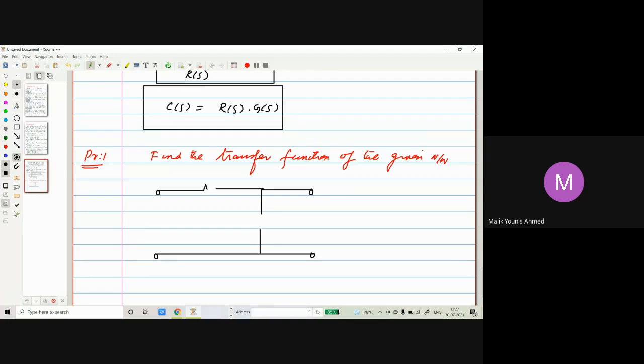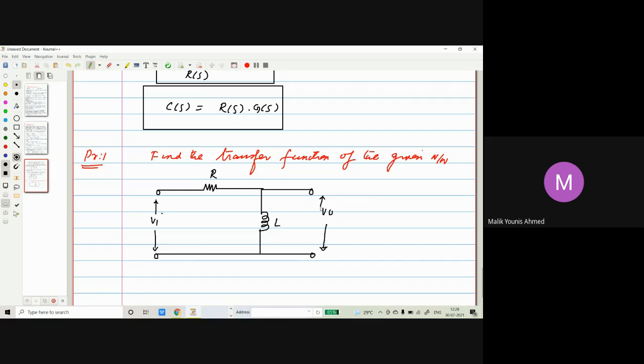So this is your resistor R and this is your inductor L. Input voltage here is Vi and output voltage here is V naught.